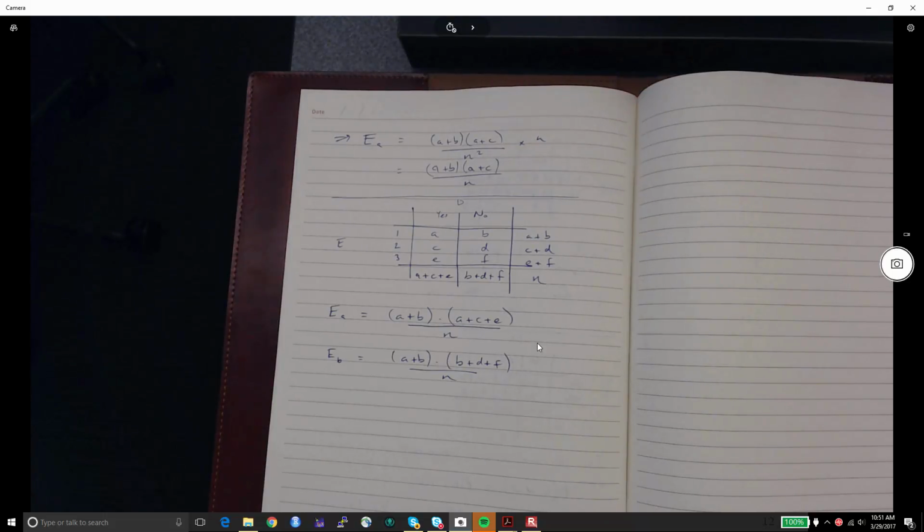All right? And what was the idea of the chi-square test in the 2x2 table? What was it based on? So we have observed entries and we have expected entries. So how did we go about doing the chi-square?